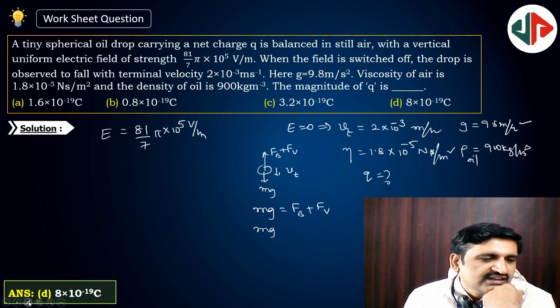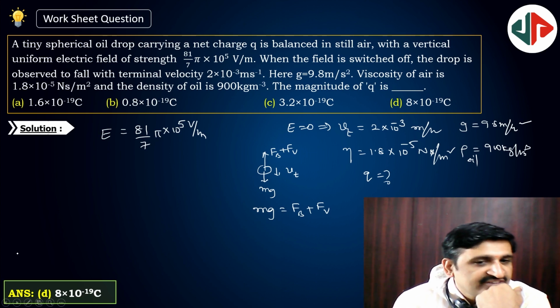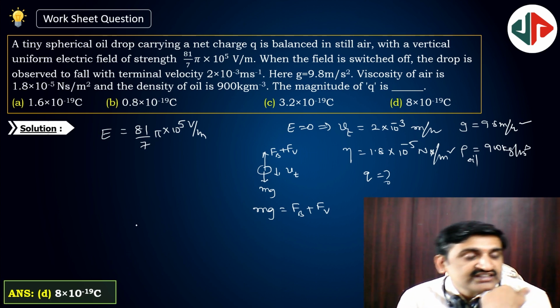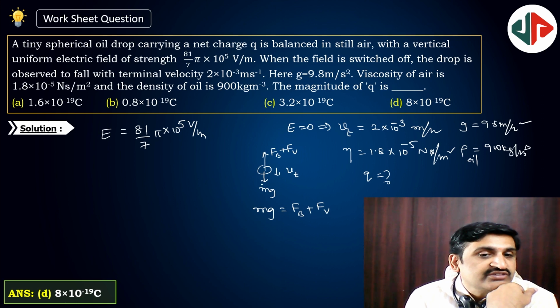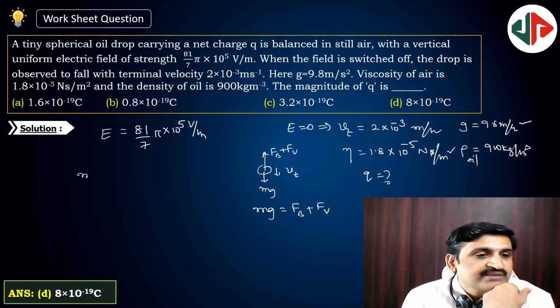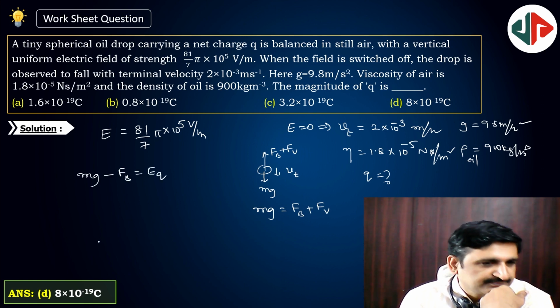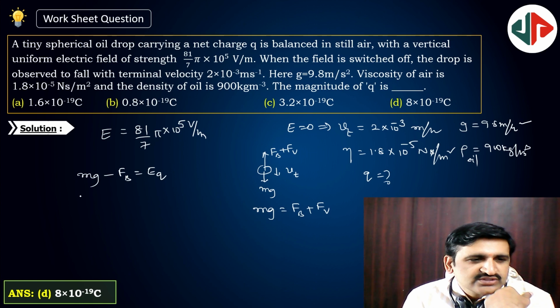Next, keep on watching. When electric field is applied, it's stationary. That means Fv will be 0. Fv 0 means mg is dominating downwards, minus Fb must be balanced by Eq in upward direction. So mg is equal to Fb plus Eq.